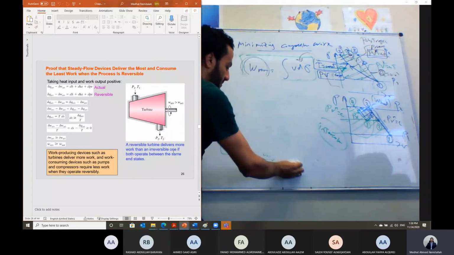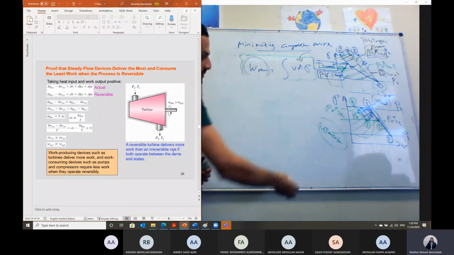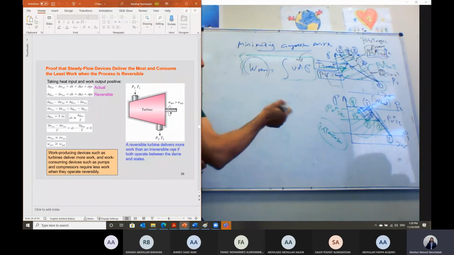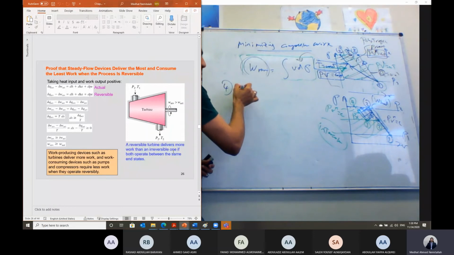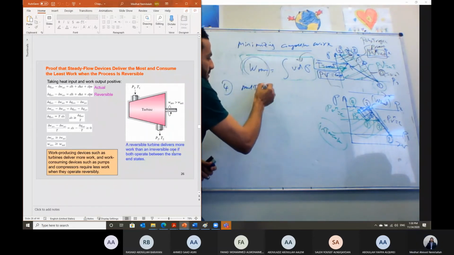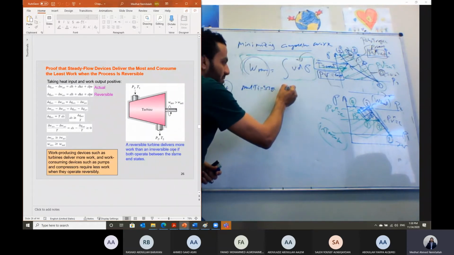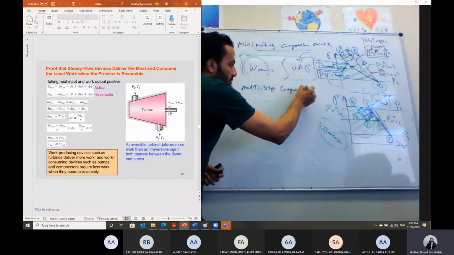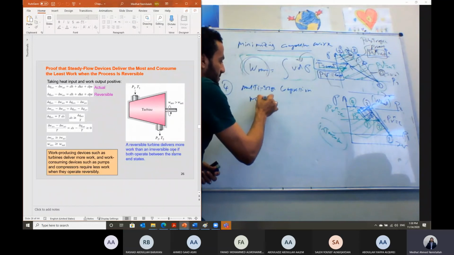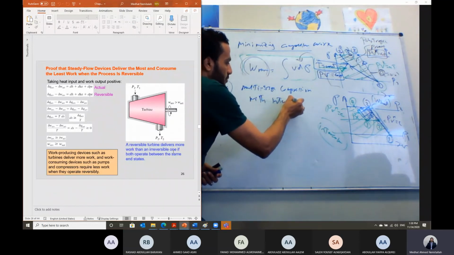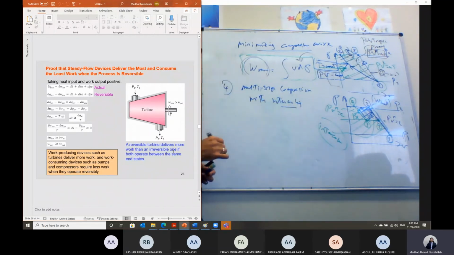The fourth solution: we said the minimum is the isothermal, but we cannot do it. So we can do something in between, which is multi-stage compression, not only one stage, with intercooling. Cooling in between, intercooling.